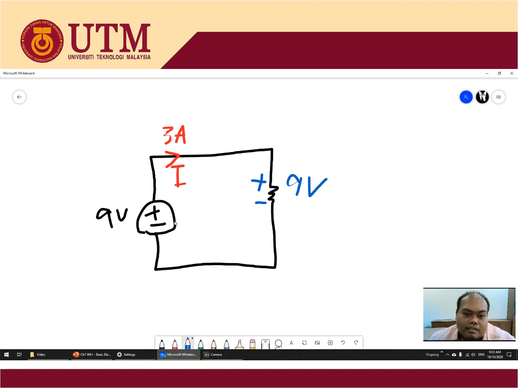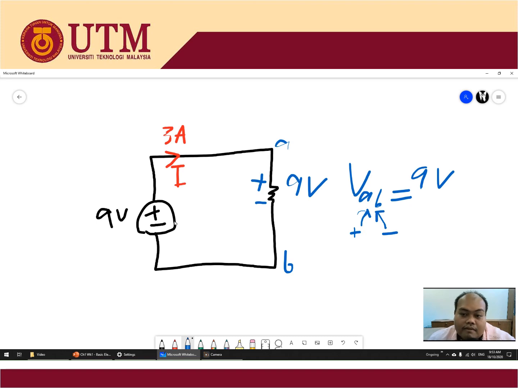If we have A and B, VAB is equal to 9 volt. Basically this one is positive, this one is negative.